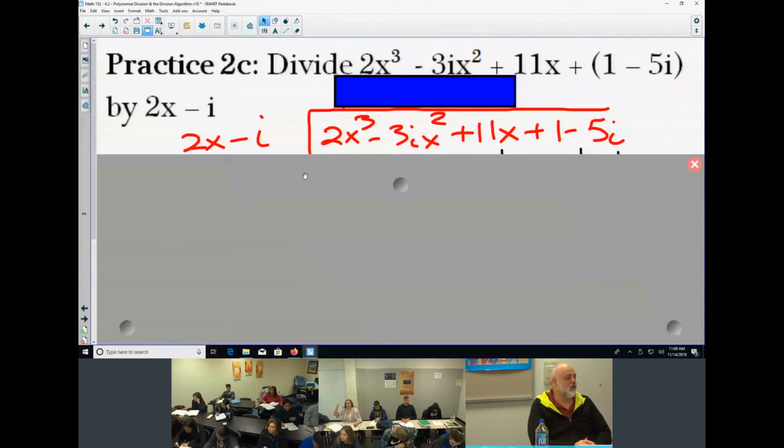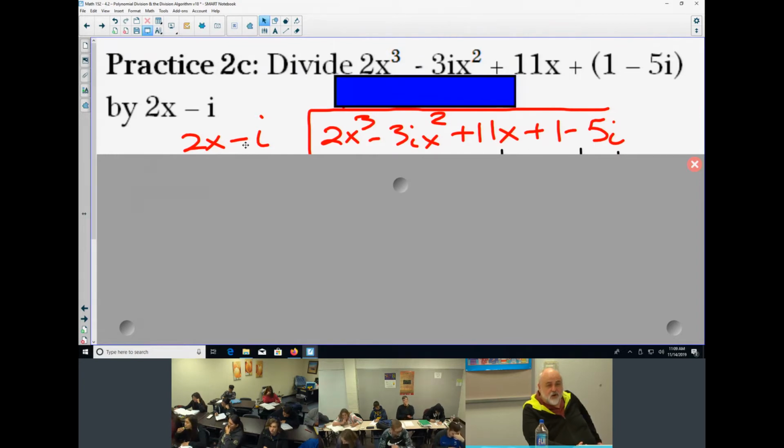Okay, so here we have 2x cubed minus 3ix squared plus 11x plus 1 minus 5i. So see the 1 minus 5i, that's your constant term. There's no x, but you still put it in there in your dividend, just how it is, as all your placeholders. And then 2x, so your constant here is minus i in your divisor.